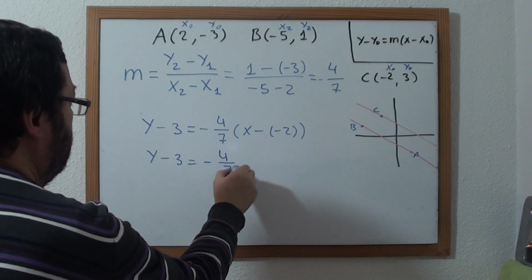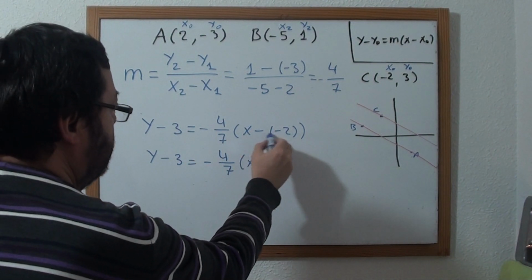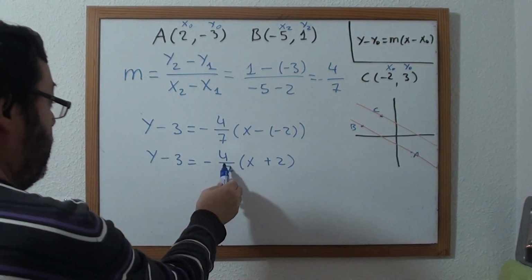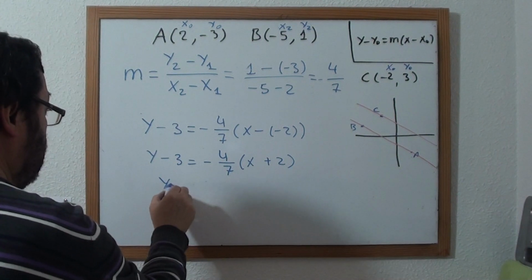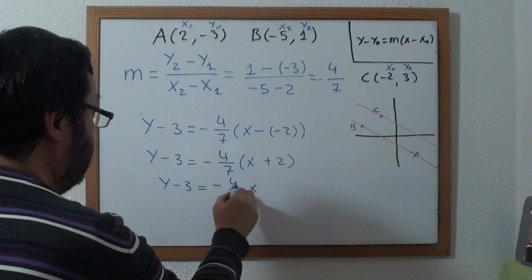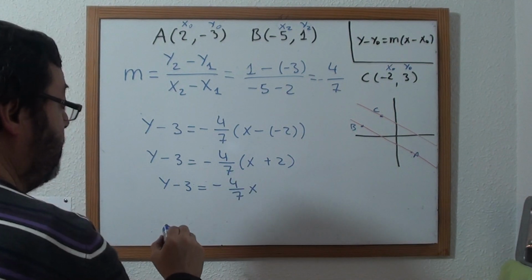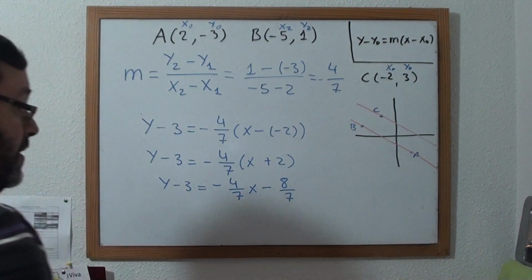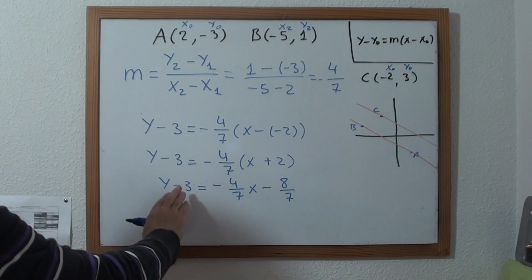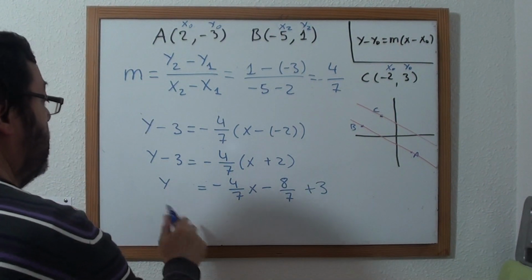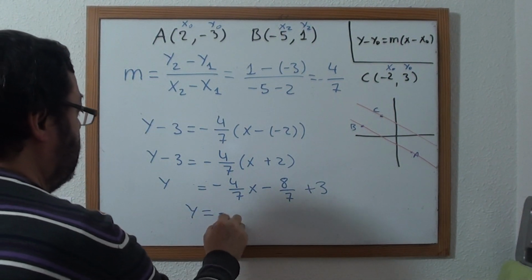First I'm going to solve this: minus minus makes it plus. Now I'm going to multiply inside, so 4/7 of x and 4 times plus 2, that would be 8/7. And finally this minus 3 goes to the other side, plus 3, and what do I get?